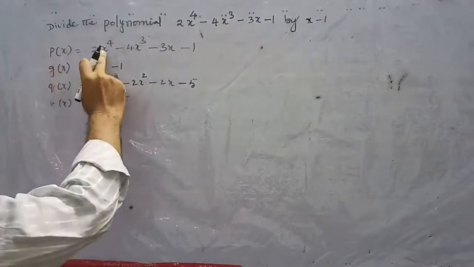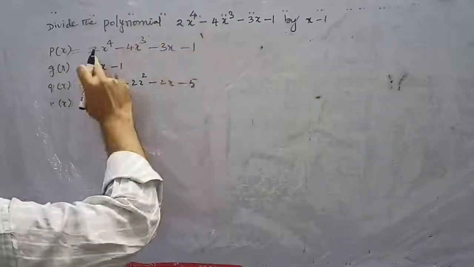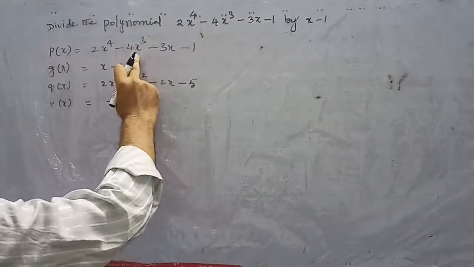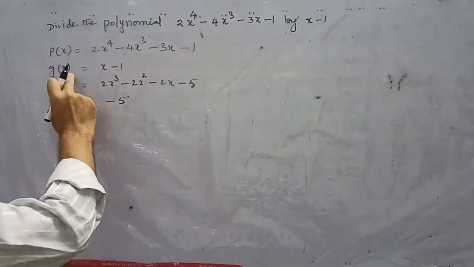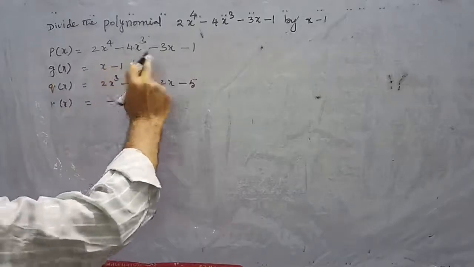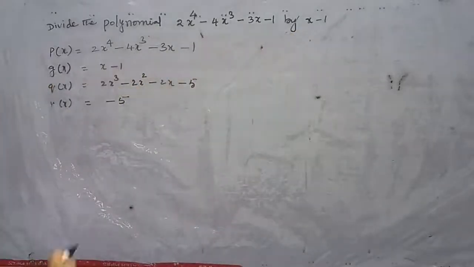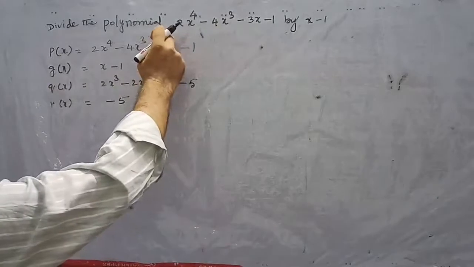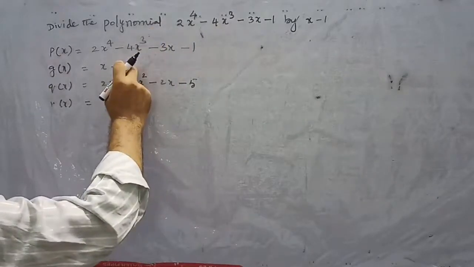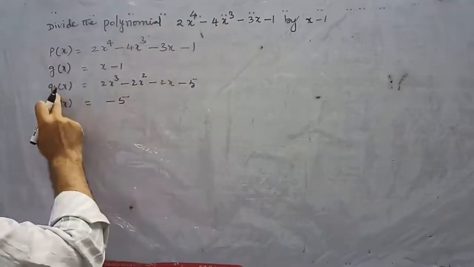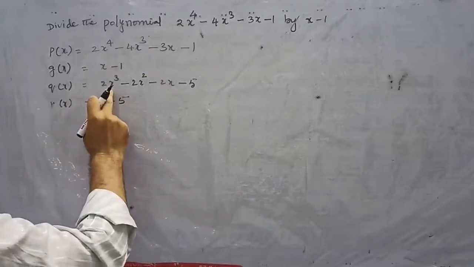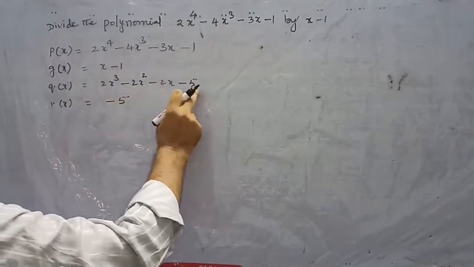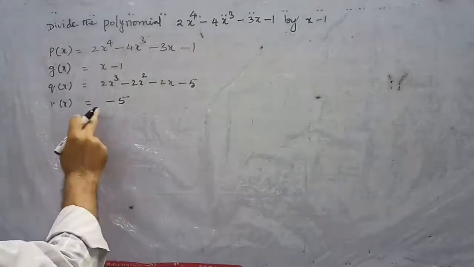So the dividend is the given polynomial 2x to the power of 4 minus 4x cube minus 3x minus 1. G of x is nothing but the divisor, that is also given, x minus 1. When we divide this polynomial dividend by the divisor, we get the quotient q of x equal to 2x cube minus 2x square minus 2x minus 5, and the remainder is minus 5.